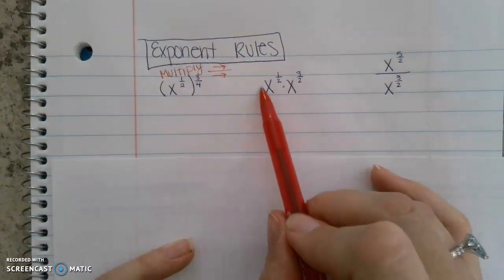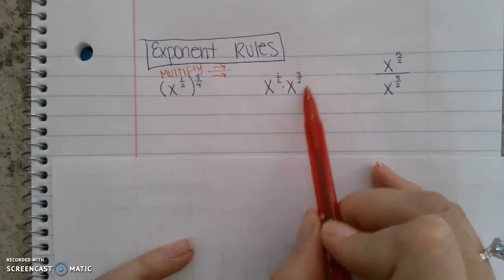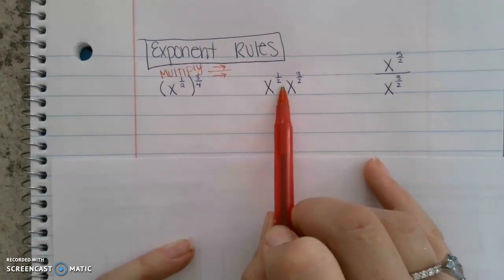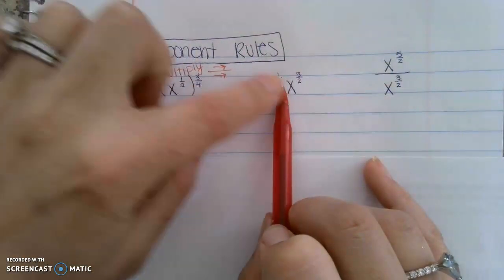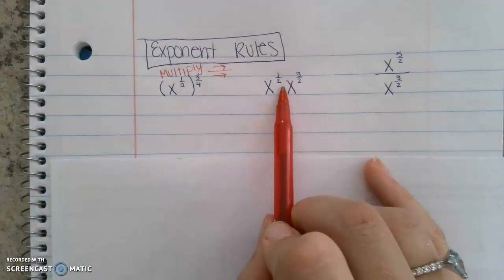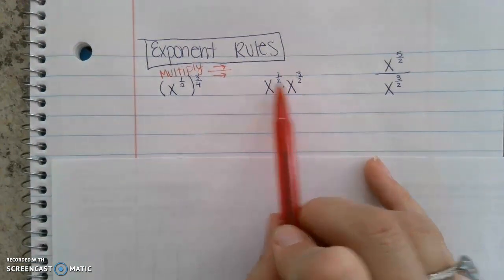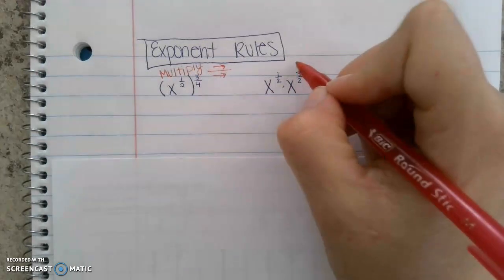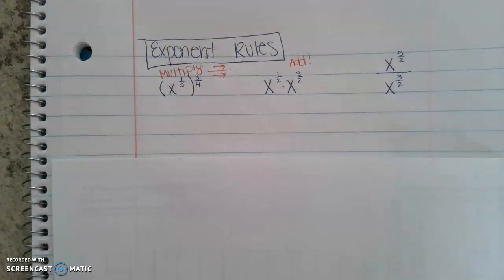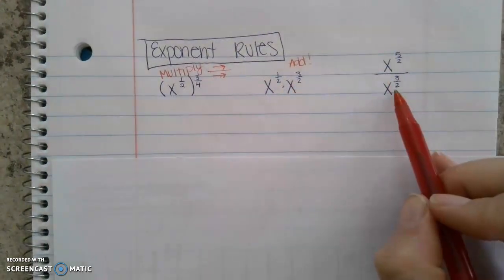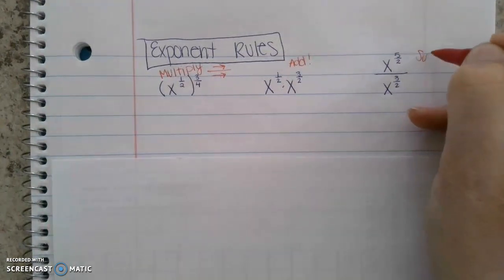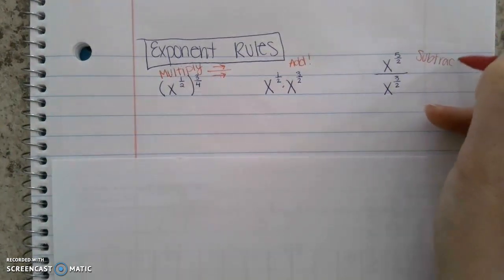Whenever you are multiplying 2 bases together, okay, and sometimes on your practice, you're not going to see that multiplication. You're just going to see 2 things right next to each other, which is just multiplication. It's the same thing. Okay, whenever we have 2 bases multiplying, we are going to add our exponents together. Okay, which means then when we are dividing 2 bases together, we are going to subtract our exponents here.